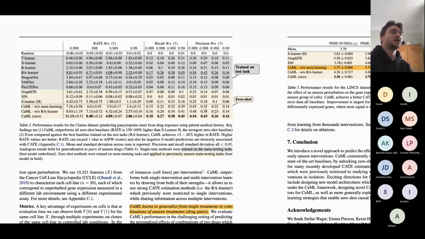The main one that's really interesting is that they took methods that need to have data of the intervention being implemented on an individual to estimate average treatment effects. So they're not doing 0-shot. They actually need data to train the models. And the method here outperforms all of them on estimating average treatment effect, and it also outperforms the baselines that could also perform zero shot. So overall, it's really good.